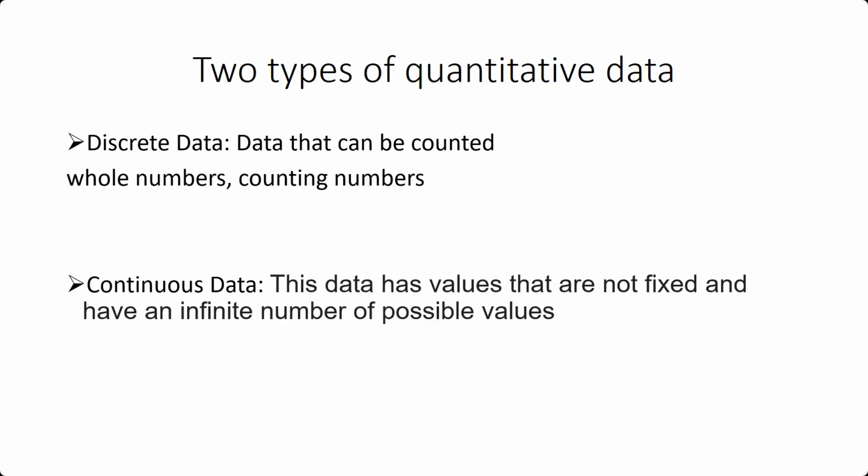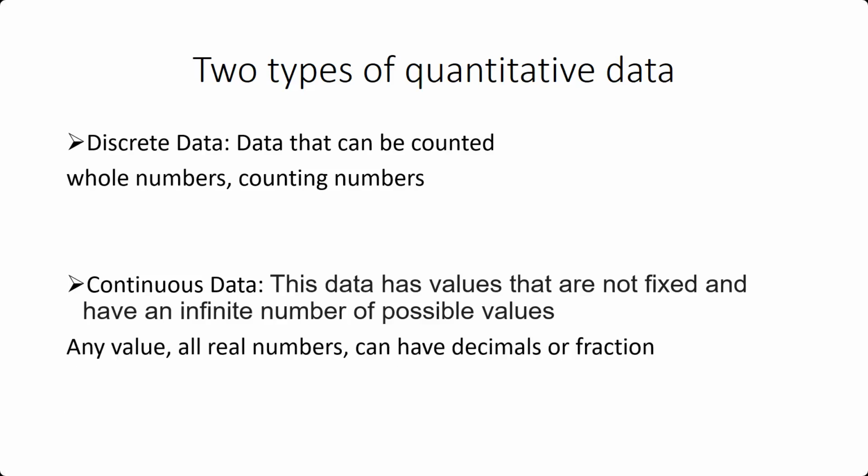So that would make it continuous. If you're getting decimals and fractions possible, continuous. Usually continuous is measuring length, height, time. Any value, all real numbers can have decimals and fractions. Discrete cannot have decimals or fractions.